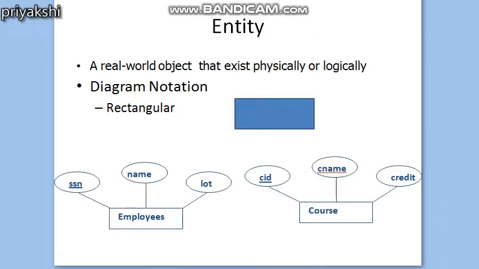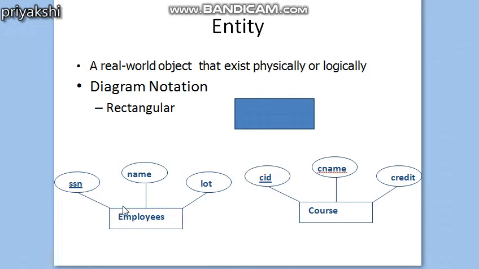First, we will have a look at what an entity is. The basic object that the ER model represents is an entity. Generally it is defined as a real world object with independent existence. An entity may have a physical existence or a logical existence. Let us look at the employee.